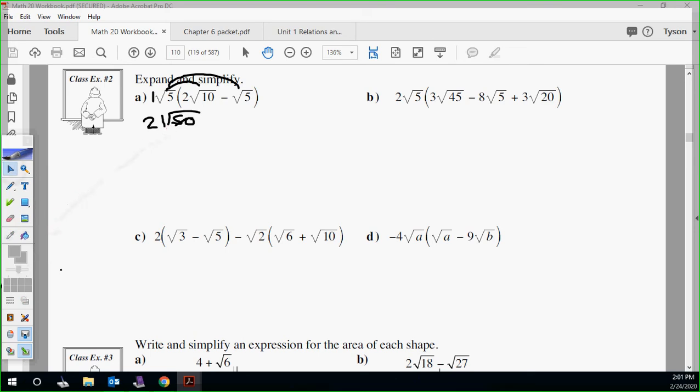Okay, and then we have root 5 times root 5 is just 5. You can write root 25 if you want. Okay, 50 breaks down to 25 times 2. Pull out a 5. Simplified version is 10 root 2 minus 5.